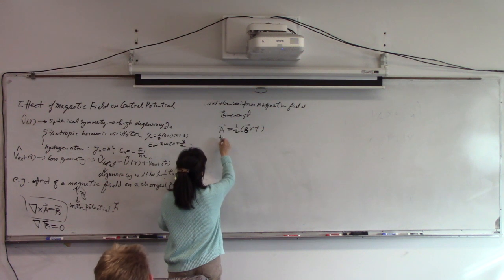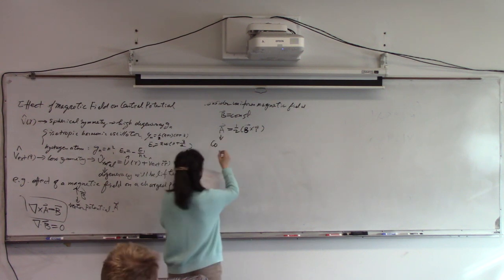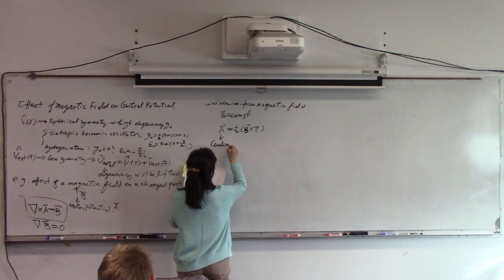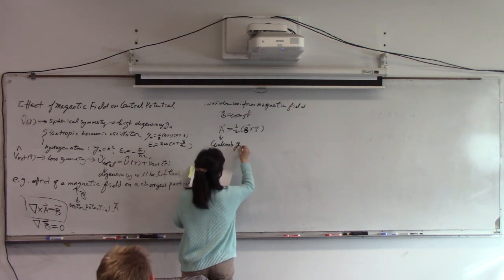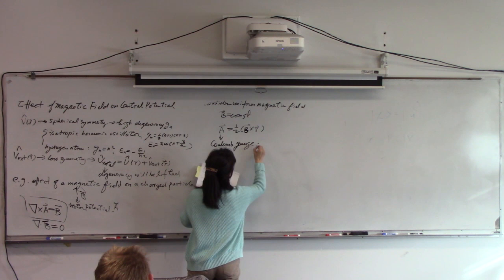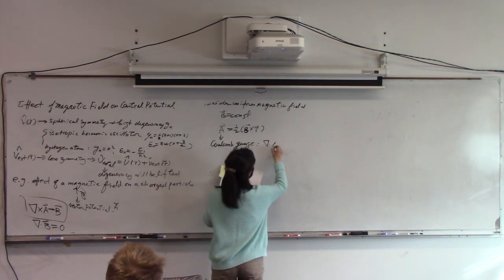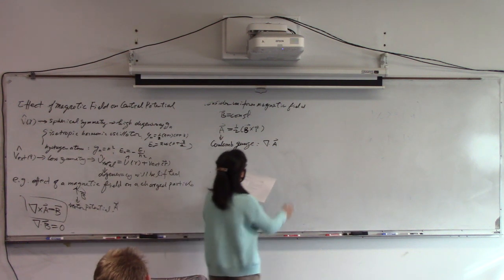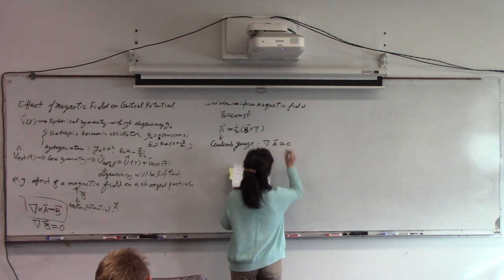This follows the Coulomb gauge, that the divergence of A is equal to 0.